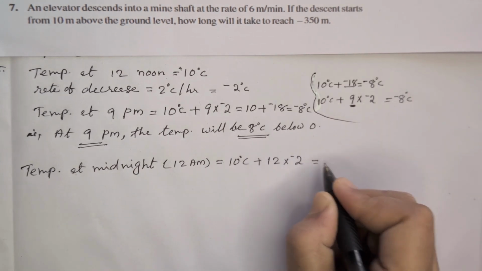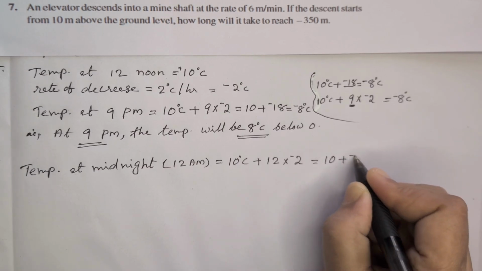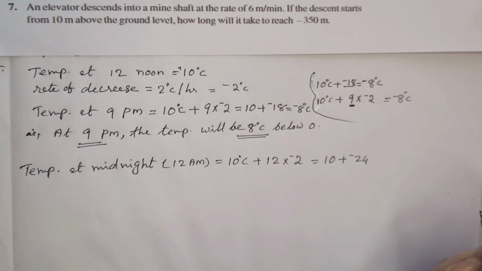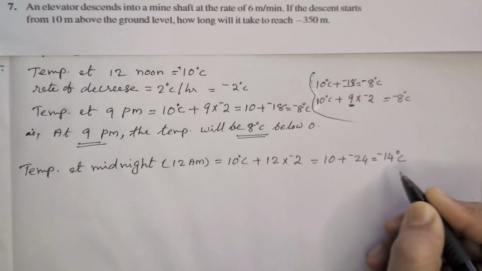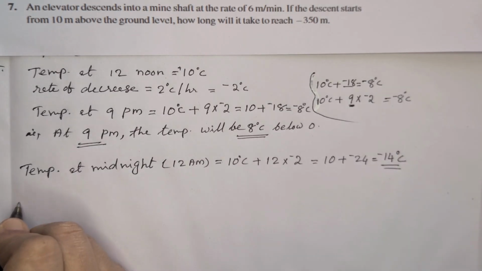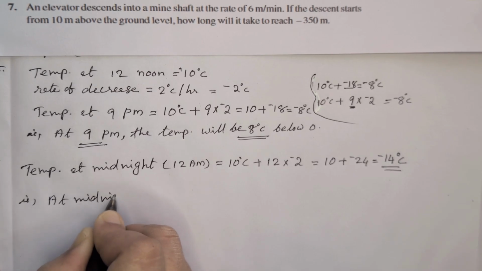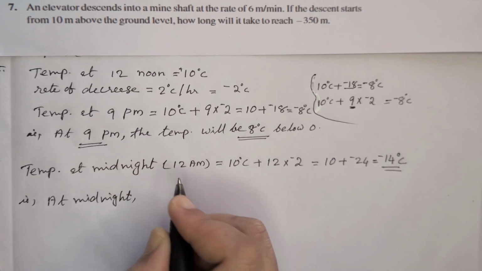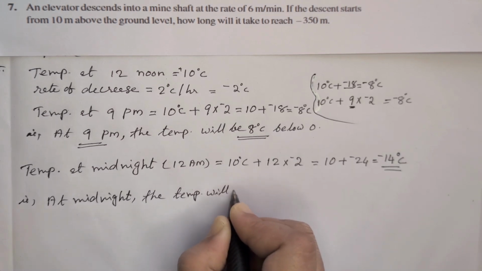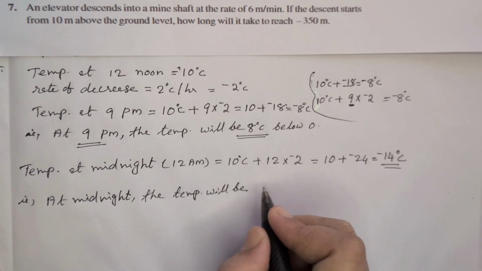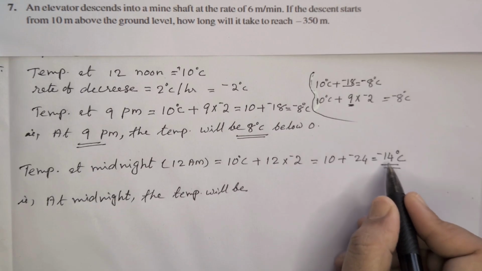So 10 plus 12 into minus 2, that will come minus 24, is equal to minus 14. So at midnight minus 14 degrees Celsius. We can write at midnight the temperature will be minus 14 degrees Celsius. That we can write as 14 degree below 0.